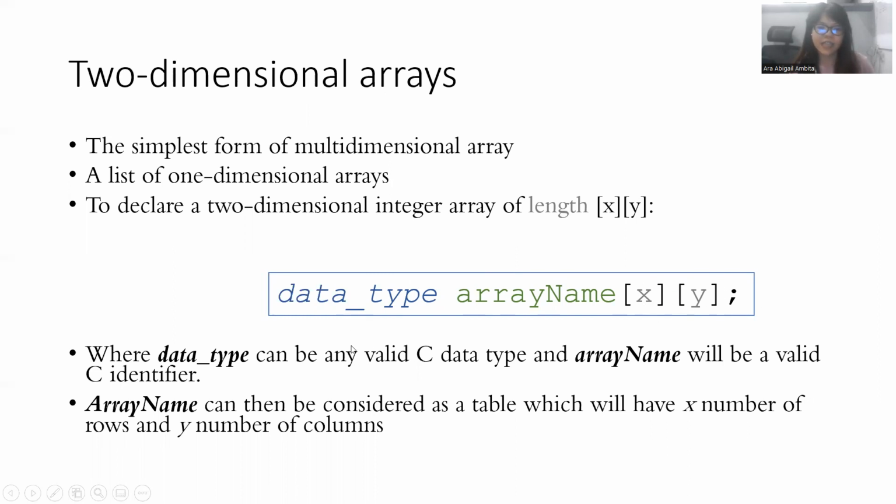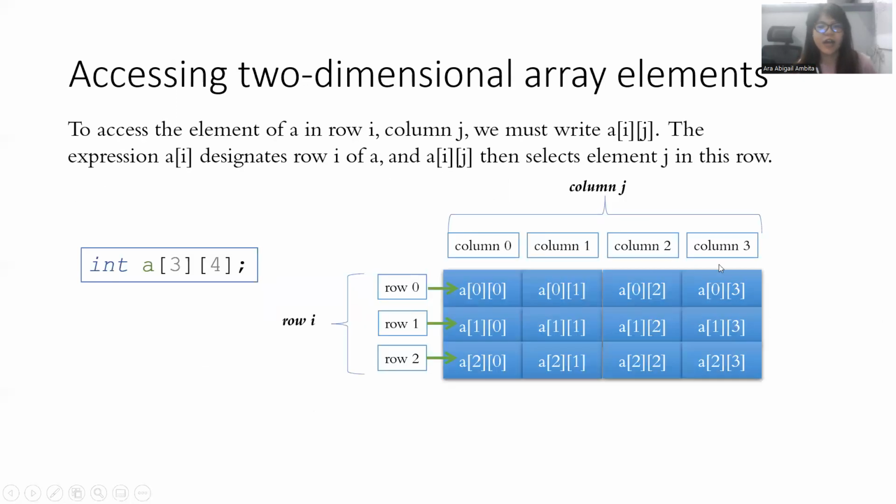The data type can be any valid C data type, and the array name can be any valid C identifier. Again, you can think of it as a table which will have X number of rows and Y number of columns. All right. So this is how you can visualize it.